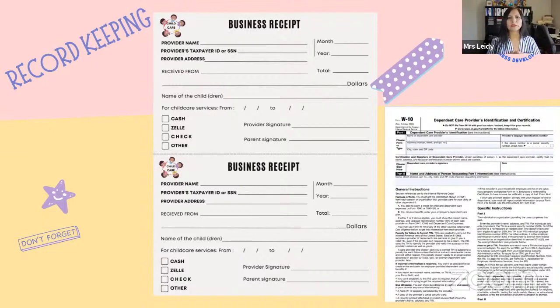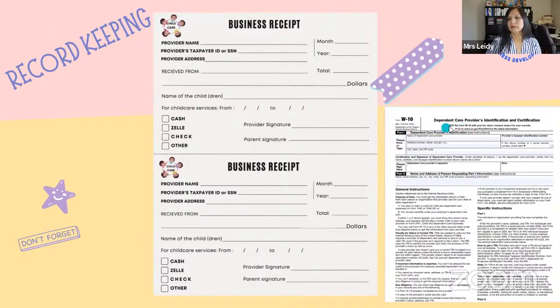You need to always have the total of every parent. If they ask you, it's up to you to give them the information, or you can just give them your name, your address, and your tax ID. Now, if you don't have this form, don't worry. Just Google it and you're gonna find a form called W-10.